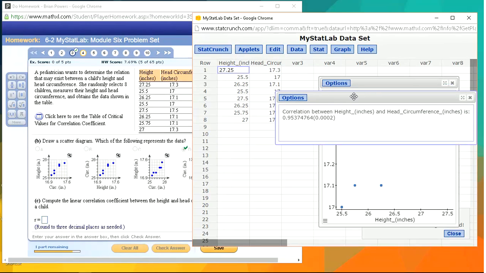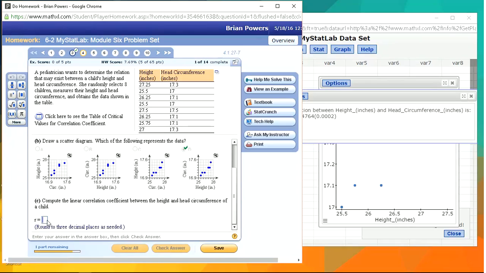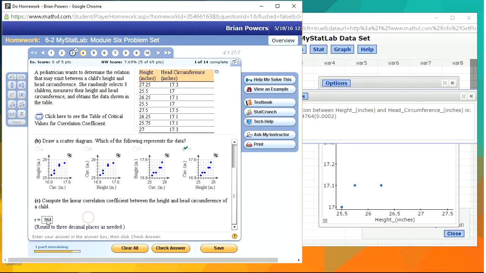So the correlation coefficient is 0.9537, and I'm going to round that to 0.954. Three decimal places, looks good.